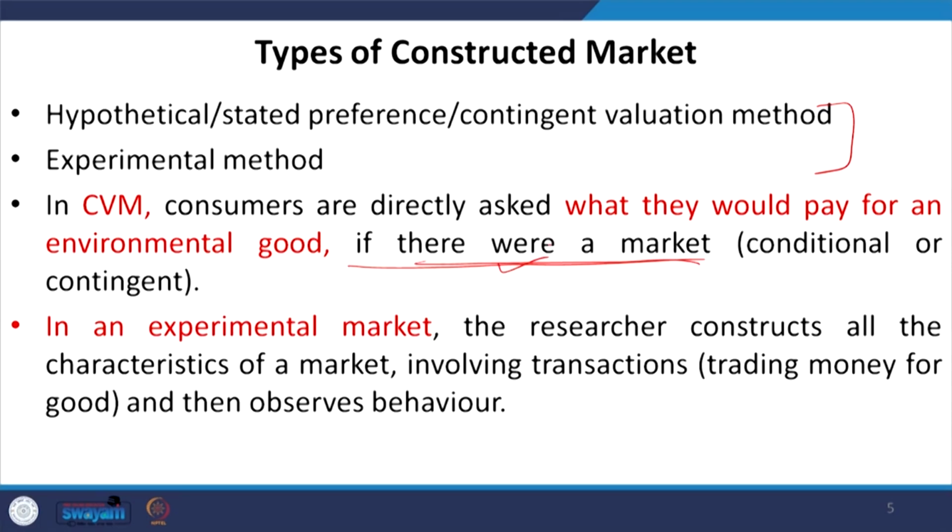Here the researcher constructs all the characteristics of a market. The researchers are creating a pseudo kind of market. There, the researchers involve the transactions, including financial or monetary transactions, and then observe the behavior of the consumers, that if the environmental quality or quantity increases, how the consumers are ready or willing to pay.